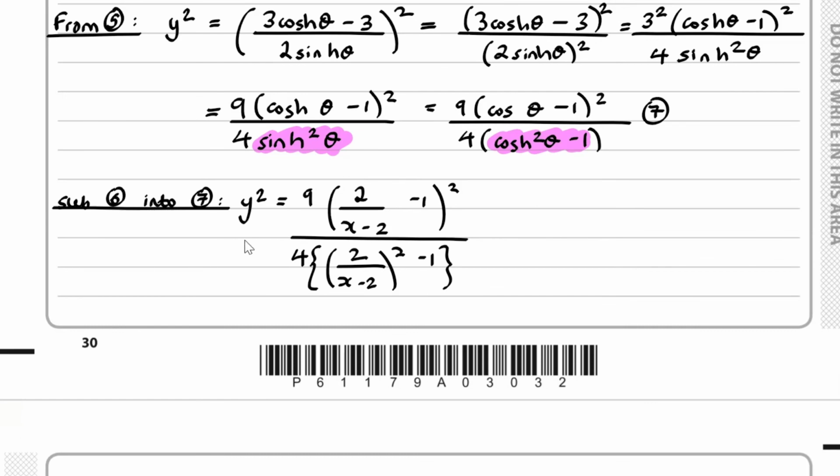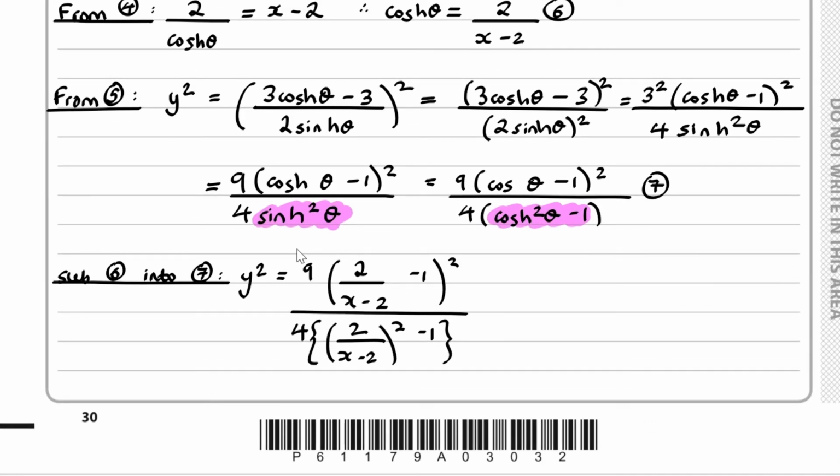And all we have to do is tidy all this up. Here we have 9 lots of 2 over x minus 2 minus 1 all squared, and on the bottom we have 4 lots of a difference of two squares: 1 minus (2 over x minus 2) all squared.